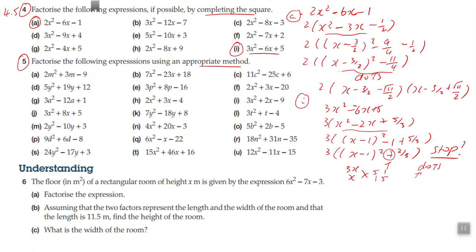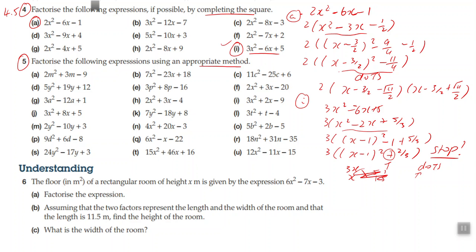It's not going to give you what you want. 15 and 1 won't work. So we've run out of methods. We literally cannot factorize I. So some questions we cannot factorize, which actually makes sense when we get into the chapter of graphing.